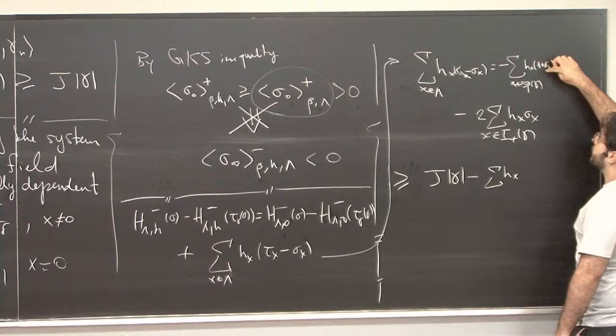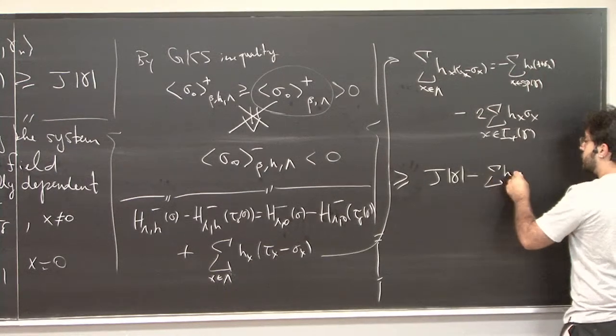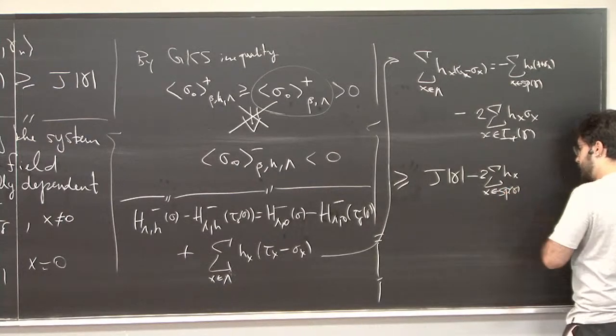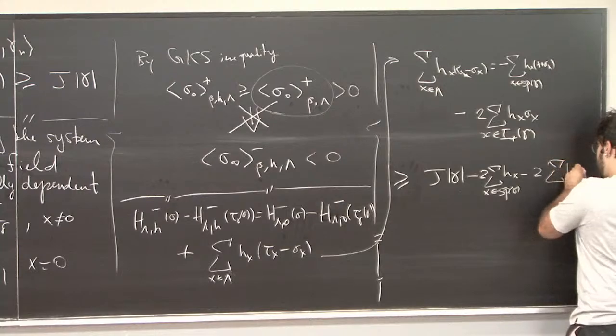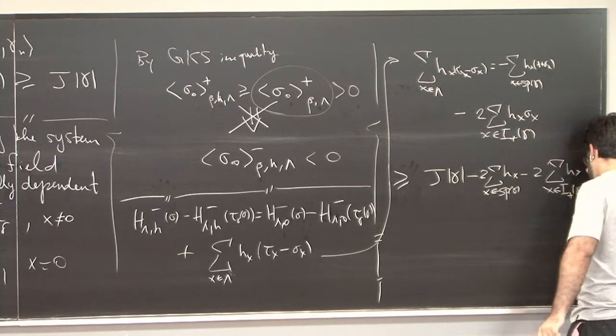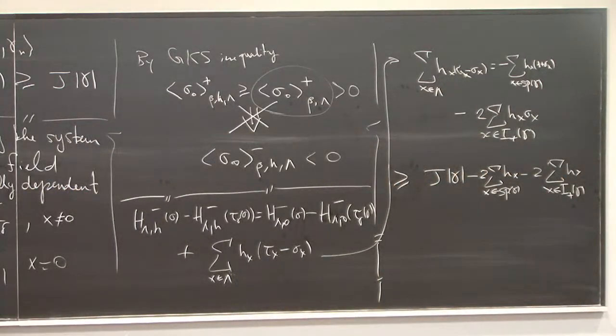I can give an upper bound by 2, but there is a minus, so this is a lower bound. So there is 2 times the sum over x in the support, minus 2 times the sum of h x for x inside the positive interior. So we need just to analyze the competition.